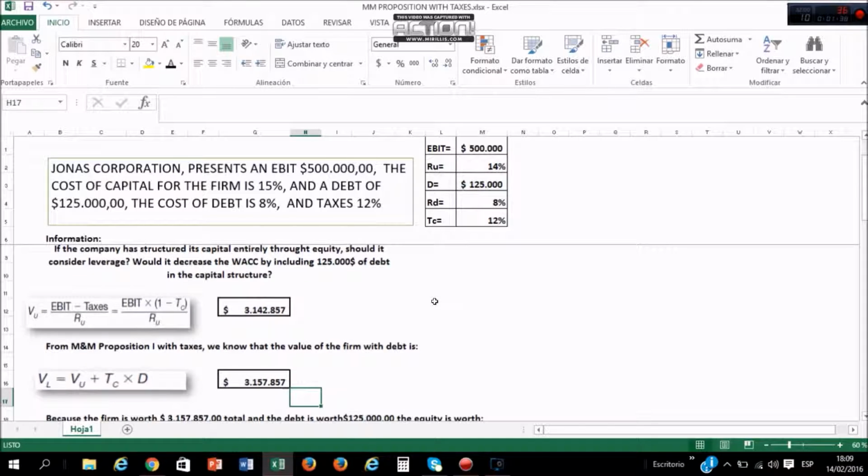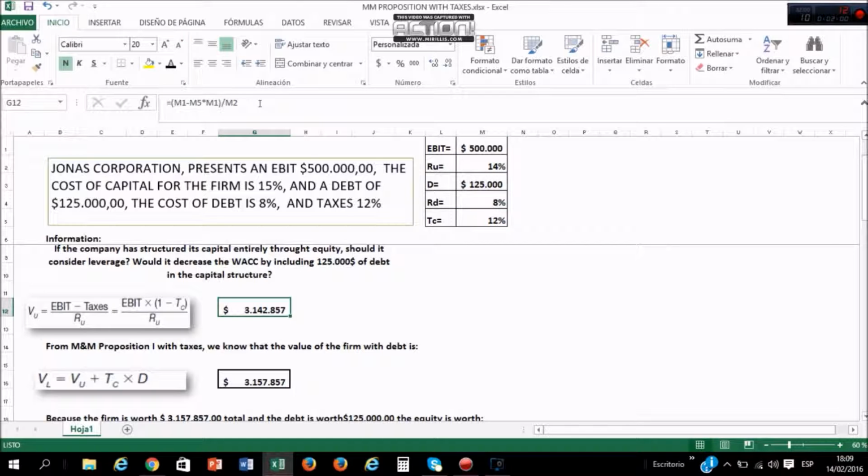For example, the first step is to find the VU, the value of the company with no debt, that is equal to EBIT multiplied by one minus the taxes, all of this divided by the RU.